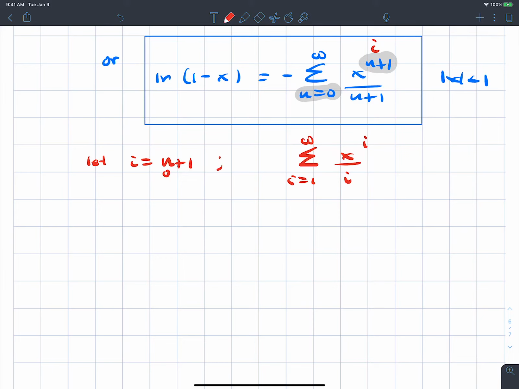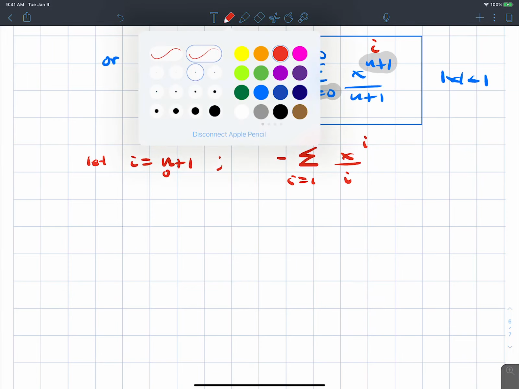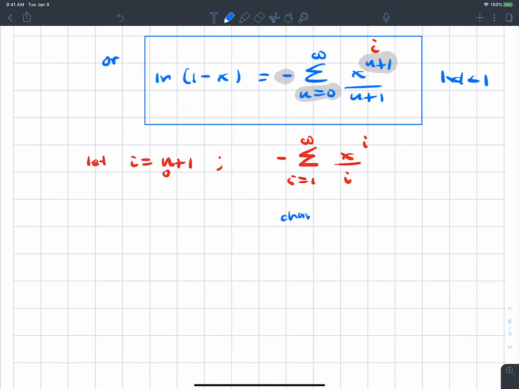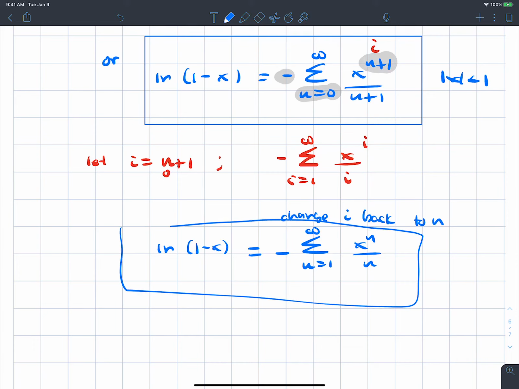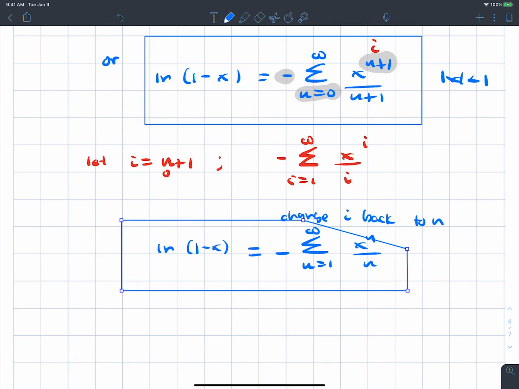And then don't forget, you have that negative sign out here. We can change the variable i back to n. So we have minus the sum n is 1 to infinity x to the n over n. And that's the formula for natural log of 1 minus x here.